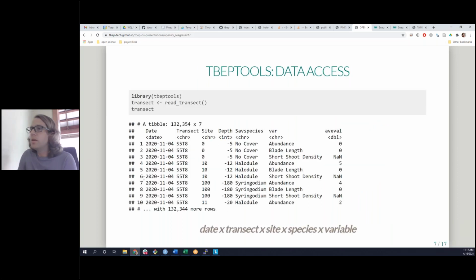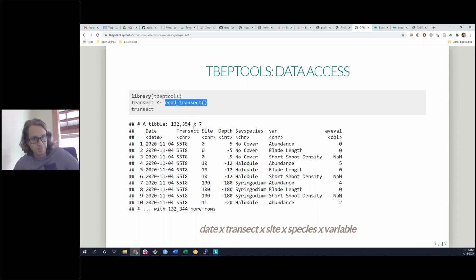So I want to just highlight a few features of this. This is developed in the R programming language, which if you're not familiar with that, that's an open source analysis program that anyone can use and download. And I just want to emphasize how easy it is to basically pull in this information and summarize it on your own. So this is basically showing some R code where you can load the package and pull in the data.